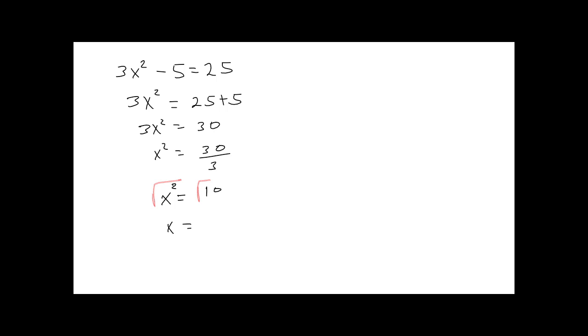And the square root of 10, well, we're going to leave it here. But remember, we're always going to have a positive or negative answer, okay? Then one way I can say this is x equals positive square root of 10. And the other answer is when x is equal to negative square root of 10.